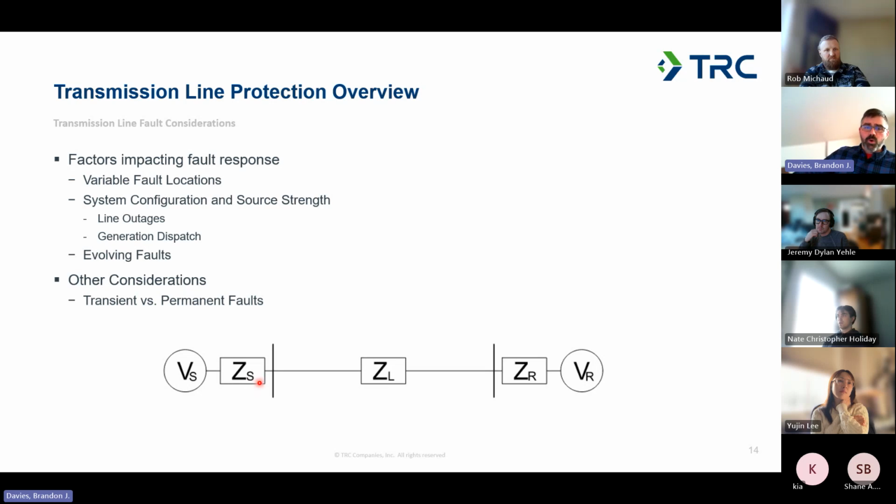But what happens if you take a line out for maintenance, or you have another system component, a transformer or something, out for maintenance, or it's tripped off and already offline when your fault happens? In general, that's going to impact this source strength. So as you take components out of the system, your source impedance is going to increase, and your fault currents are generally going to decrease.